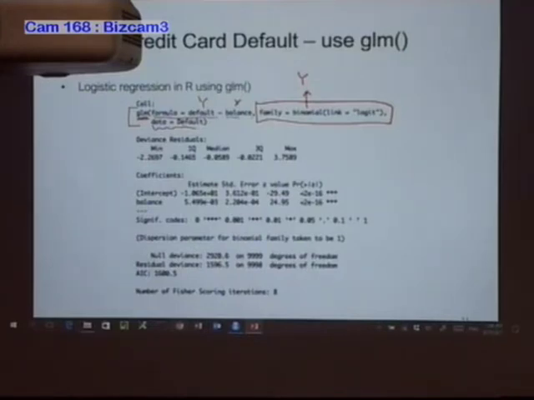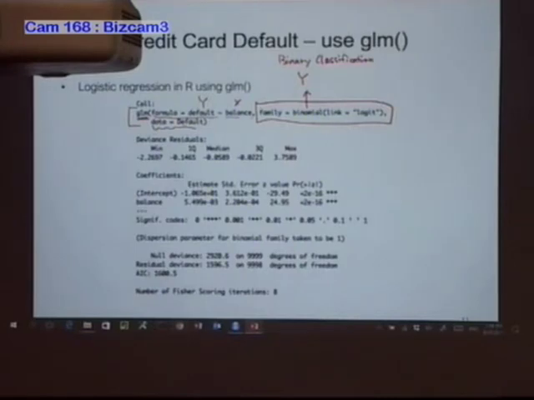So that's basically exactly the same as linear regression. We're not doing Gaussian, so we do binomial. That's related to y. This is a binary classification, so whenever you're doing binary classification, your y is a 0, 1 kind of thing. So that's a binomial.